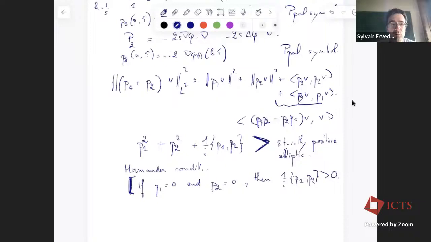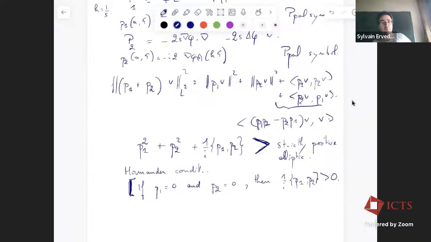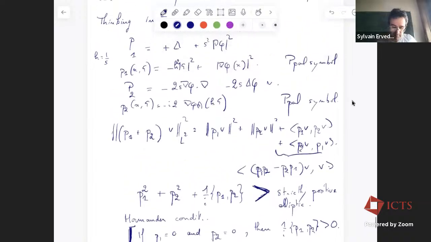I think that one of you asked the question last time about this subellipticity condition in terms of symbol. And of course, it's the same as the one I wrote. It's only a computation, so you can realize, for instance, when you look at the symbols of P1, that in fact the critical part is when the modulus of H psi equals the modulus of gradient of phi, and when H psi is orthogonal to gradient of phi.